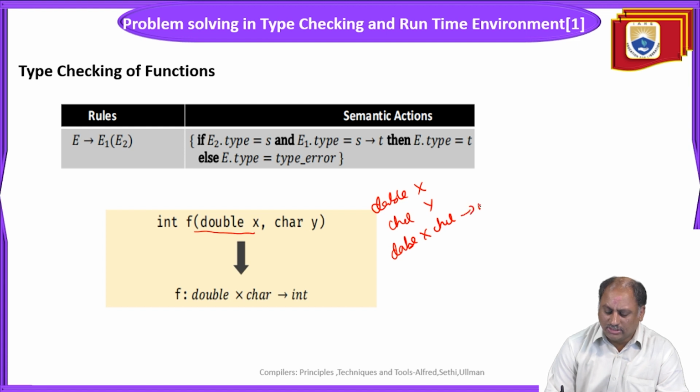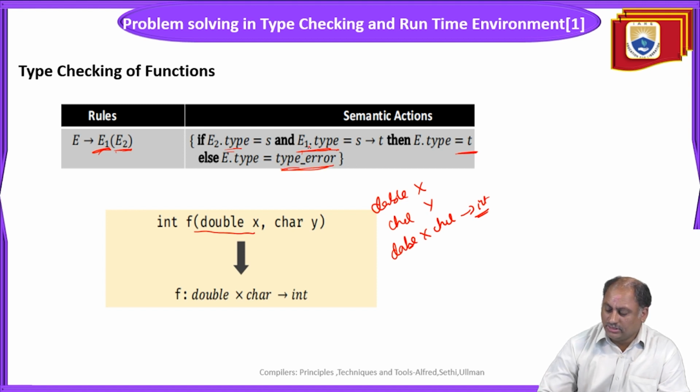That gives the result, the return type. E1 of E2 indicates that E1 is of the expected type, equivalent to the type of E2. If both are equal, then the expected E.type is T, else type_error.